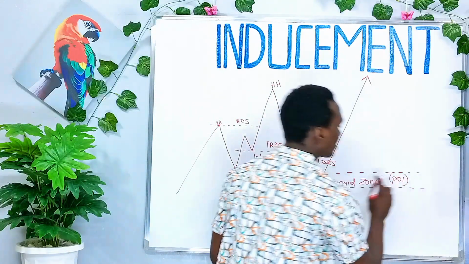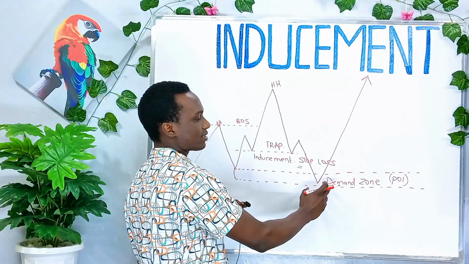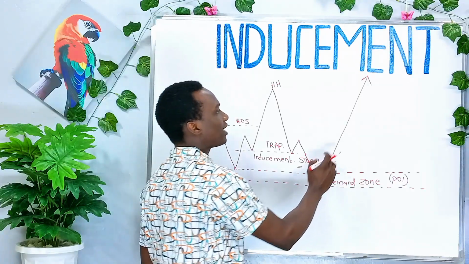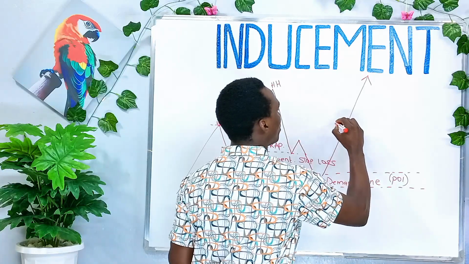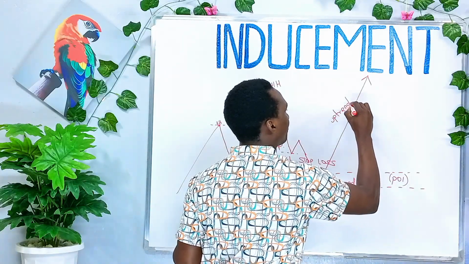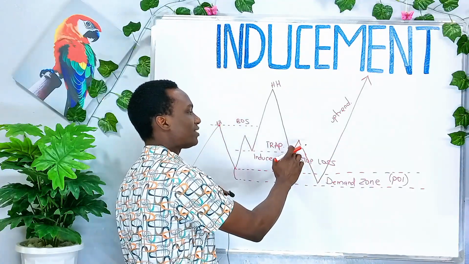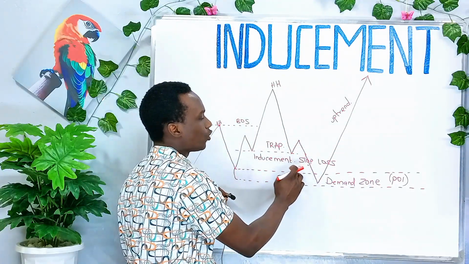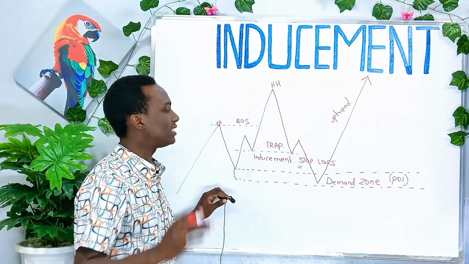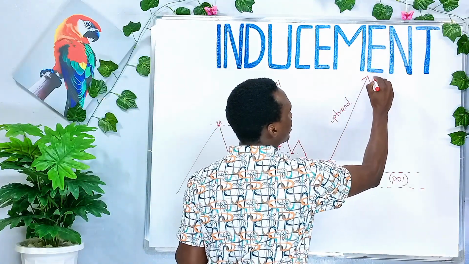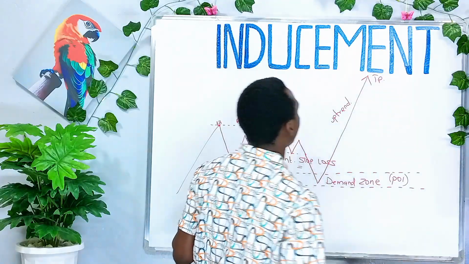The smart money traders are going to wait for the price to reach these areas before they enter their buys in an uptrend. But the novice traders will have taken their buys here and put their stop losses here. We use their stop losses as liquidity for us to enter our trades here and target these higher highs.